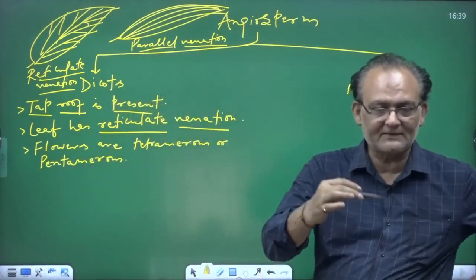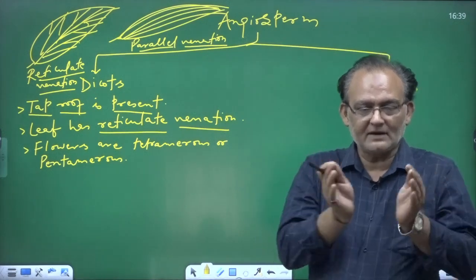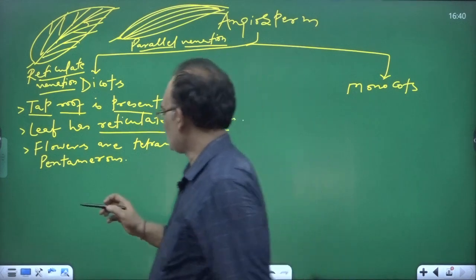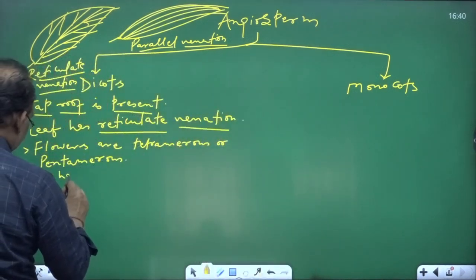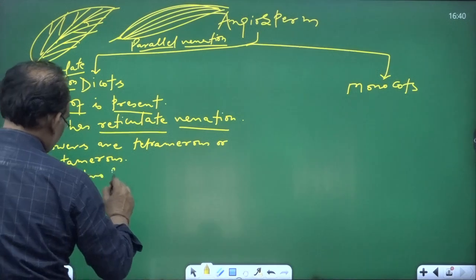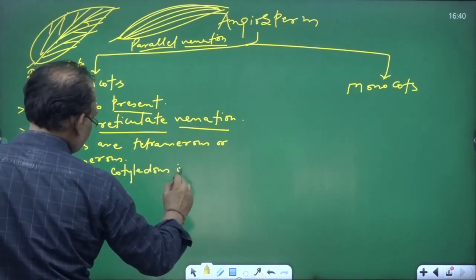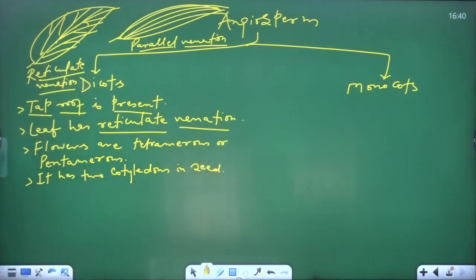You know, sepal, petal, parts of a flower. The lower part is the sepal, the upper colored part is the petal. Next point you write that it has 2 cotyledons in the seed.